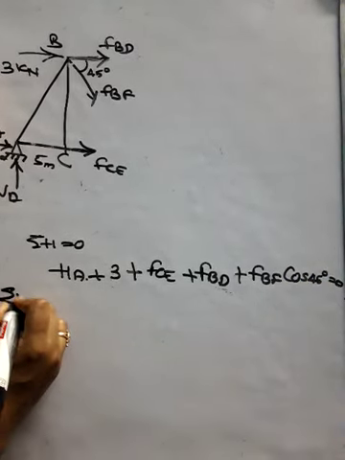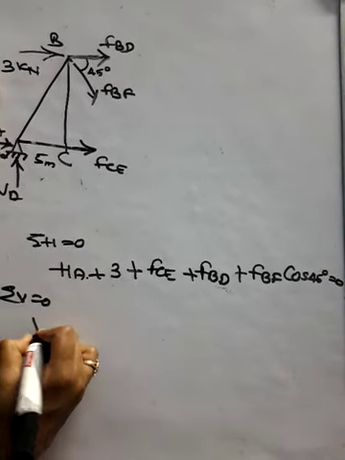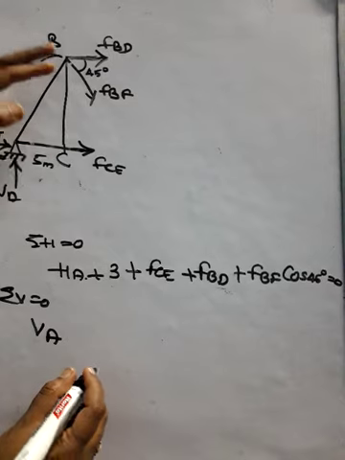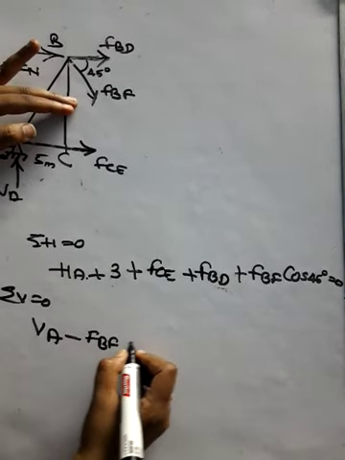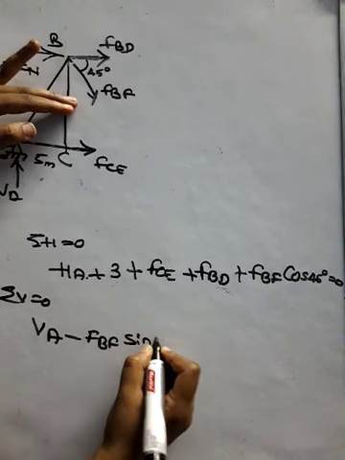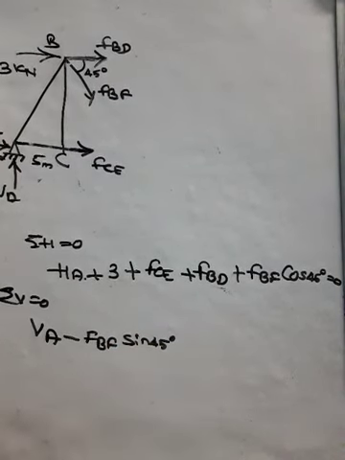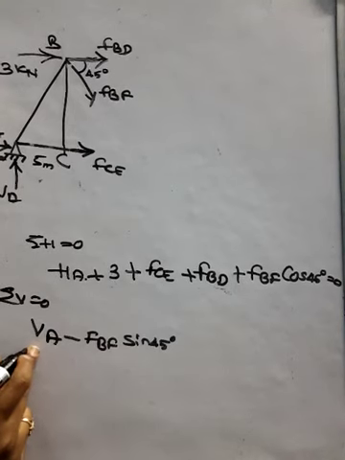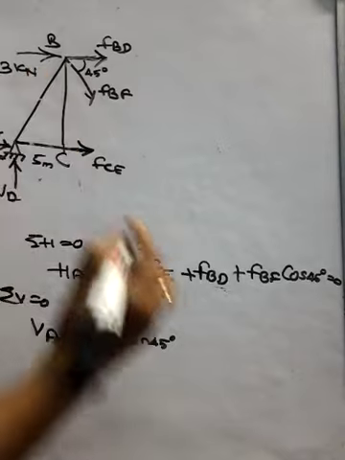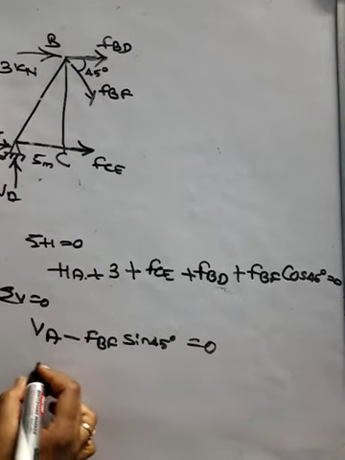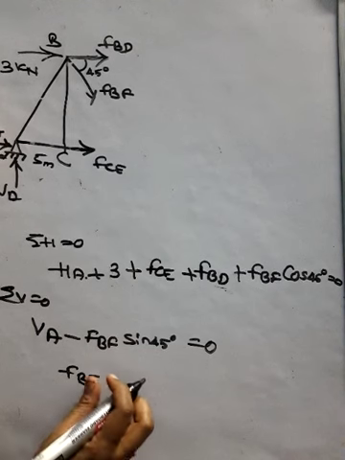Now let us write summation of all the vertical forces equal to 0. You have VA minus FBE sin 45 degrees. Only two vertical forces are there, so it will be 0. Now you can calculate the FBE value.